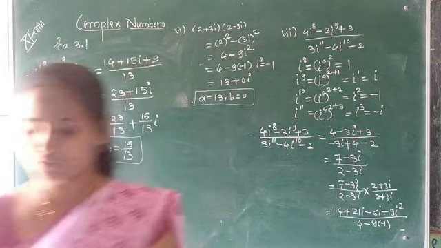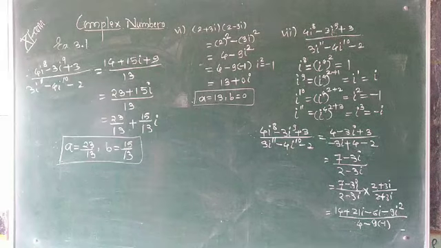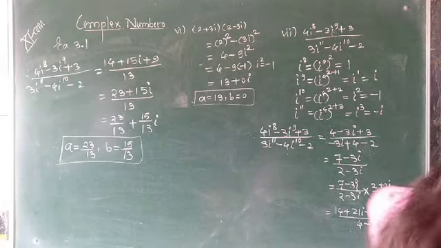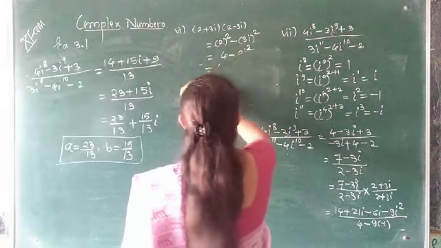Show that minus 1 plus root 3i, bracket cube, is a real number.